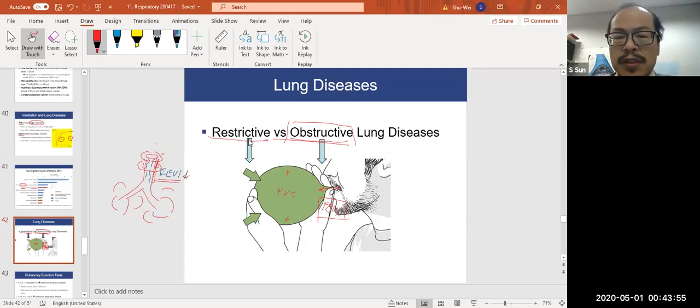So that's restricted. The airway to flow in and out is not affected, but the lung capacity, the way that we can expand it, is restricted. It is restrained. And so with restrictive lung disease, we will see this FVC decrease.